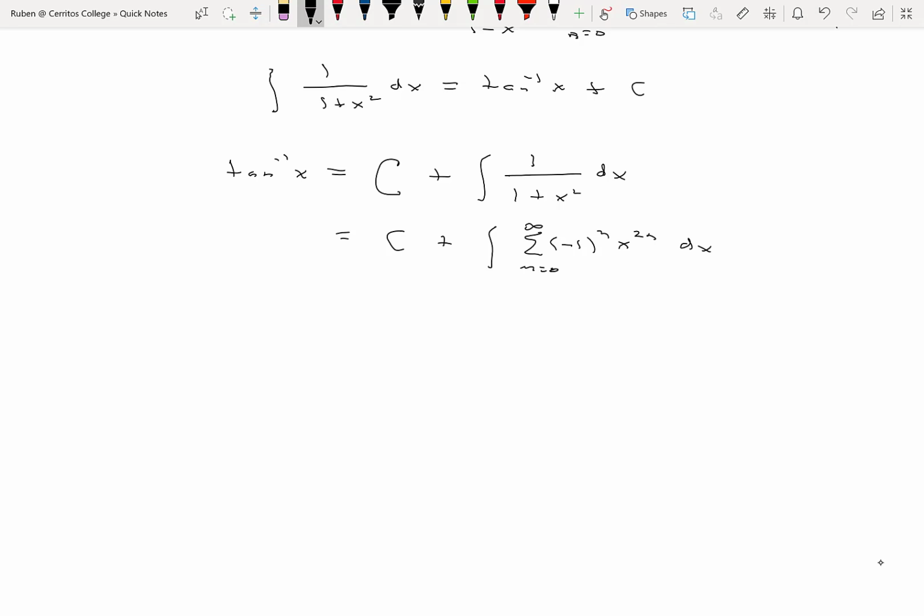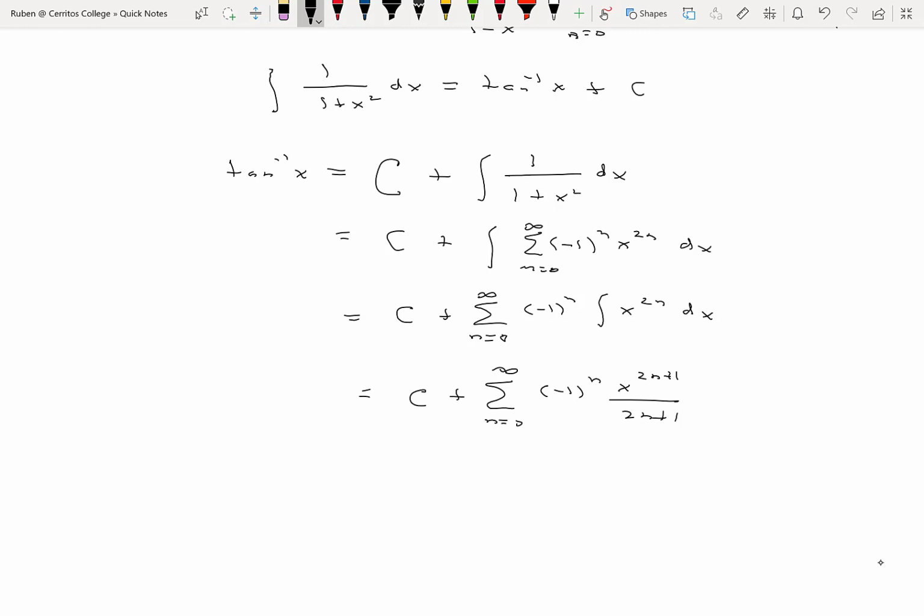Now I'm going to pass the integral sign into the series, past anything that doesn't have an x in it, negative 1 to the n, until it hits x to the 2n. That theorem that we said about the integration allows us to do that. So this is now c, a constant of integration, plus the sum, n goes from 0 to infinity, negative 1 to the n, x to the 2n plus 1 over 2n plus 1.